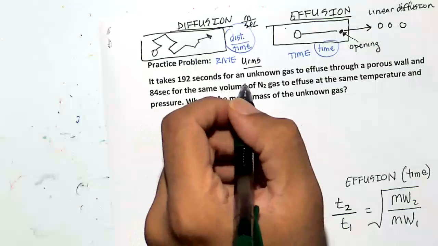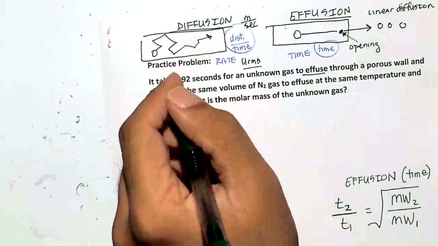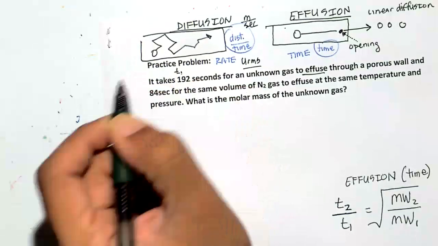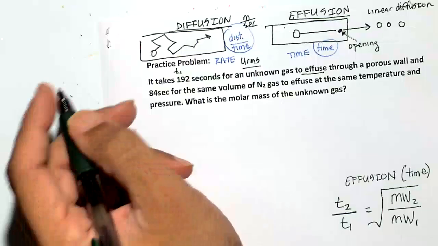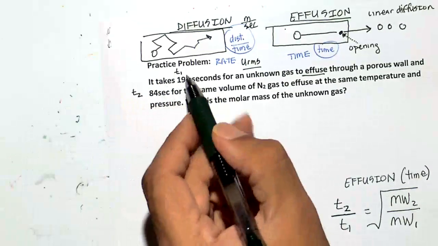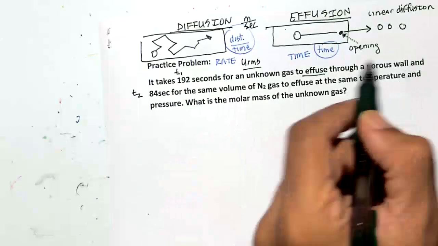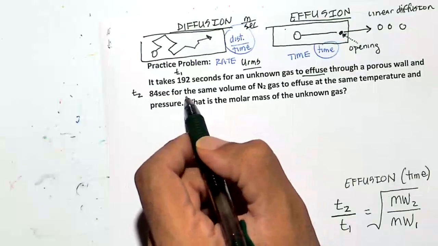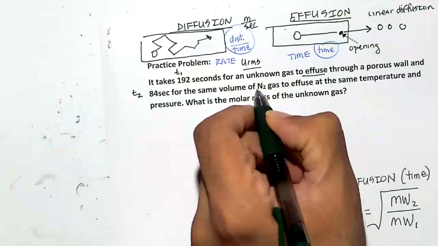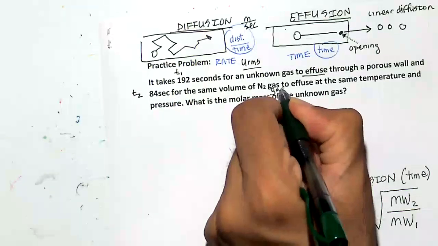All right, it takes 192 seconds for an unknown gas to effuse through a porous wall, and 84 seconds, so this T1 at 192 I'll call T1. This T2 at 84 I'll call time 2, T2, for the same volume of nitrogen gas. Okay, let me read that again. 84 seconds for the same volume of nitrogen gas, so I'm going to call that gas 2, or molecular weight gas 2, for T2.